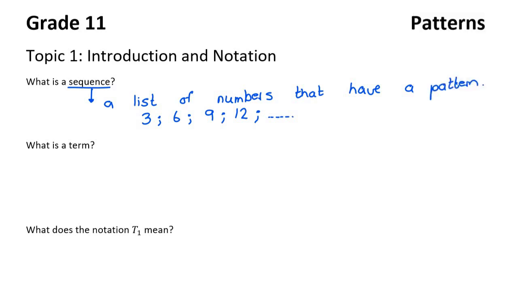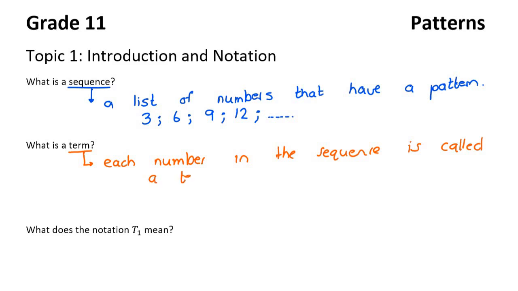Now the next word we need to know is what is a term. Each number in the sequence is called a term. And every term has a value. So for example, in the example that I've written down, this 3 would be the first term.